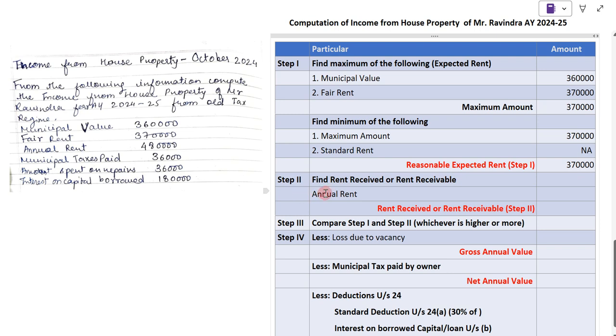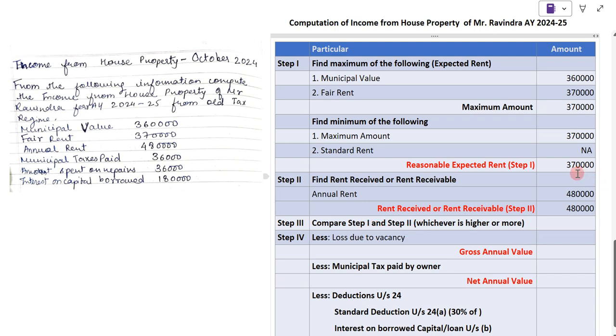Now the next step is to find the rent received or rent receivable. How much is the annual rent? 4,80,000 is the annual rent. So the final value we got is 4,80,000. Now step number 3 is to compare step 1 and step 2.